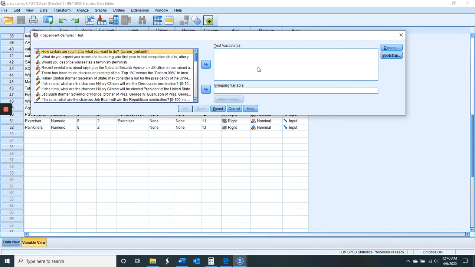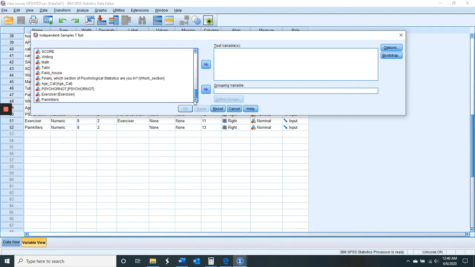So there's two different things that you need to put into the little boxes here. The one I usually start with is the grouping variable. Grouping variable is identifying the two groups that you have in your independent t-test. I'm going to go down to the bottom here. I created a variable from an old class that identified people as psychology majors or not psychology majors.